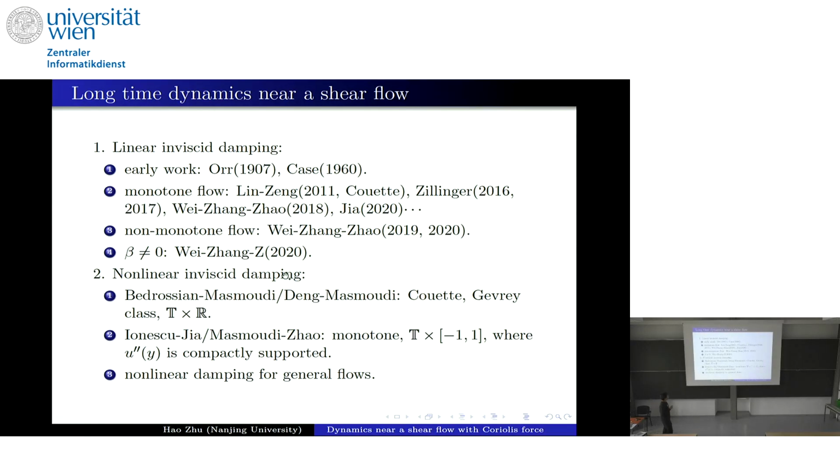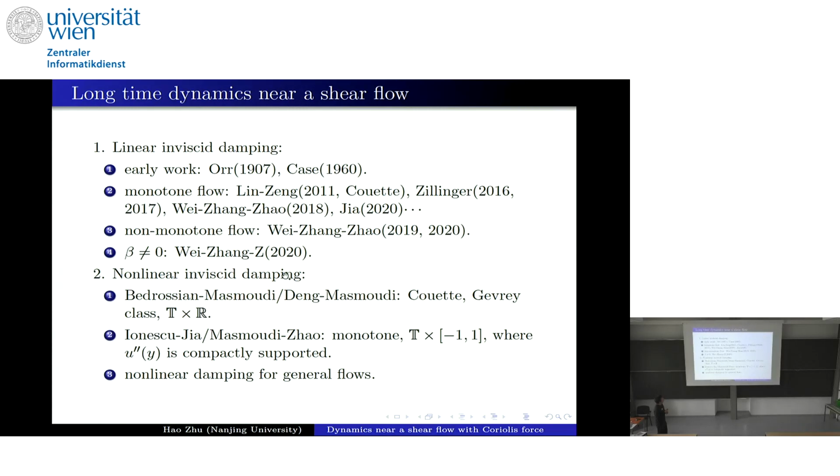What do we mean by inviscid damping? It means that if we take the initial data from a small neighborhood of the shear flow, then the solution will converge to some shear flow near the given shear flow. I mean, the second component of the velocity will converge to 0.